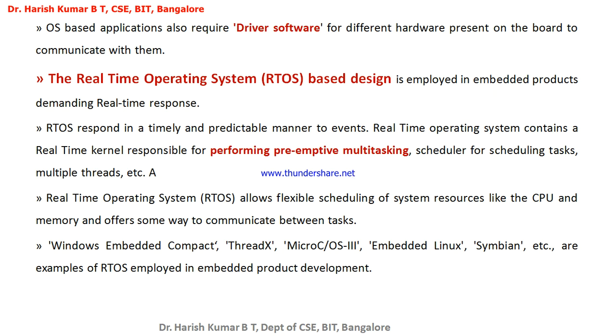What is preemptive multitasking? Preemptive means forcibly taking back. If the CPU is currently executing some process or job, and that job is taking too long to execute, and other processes have been waiting a long time to get the CPU allocated, what the real-time operating system will do is forcibly take back the CPU from that process and allocate it to the next one.